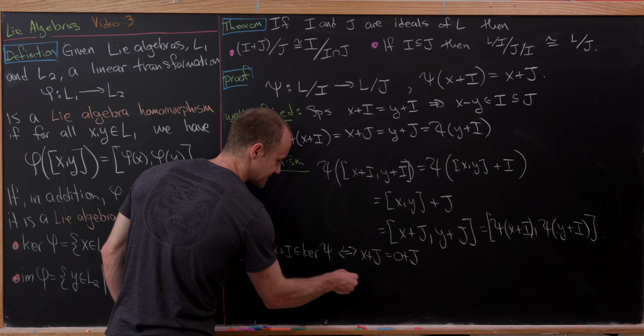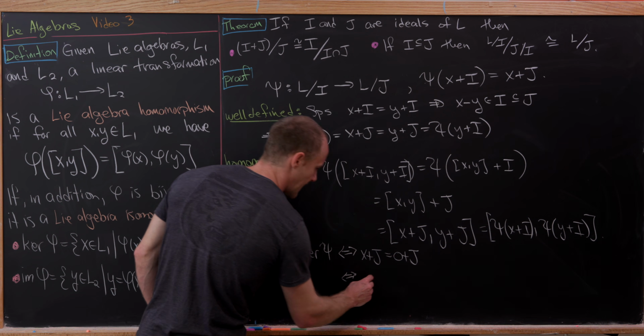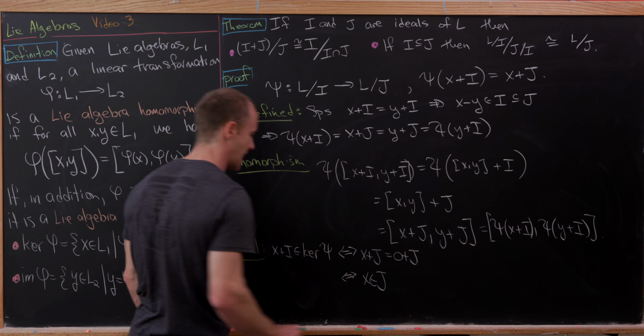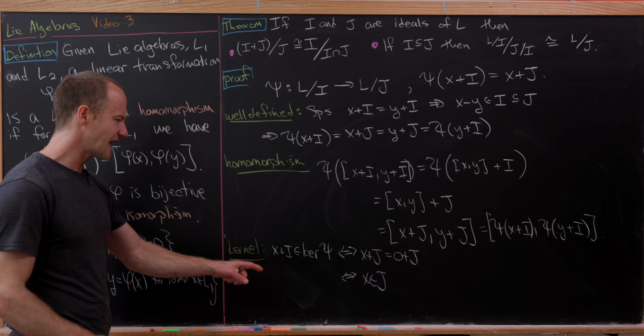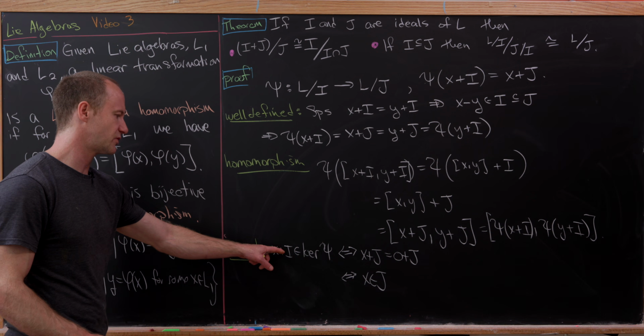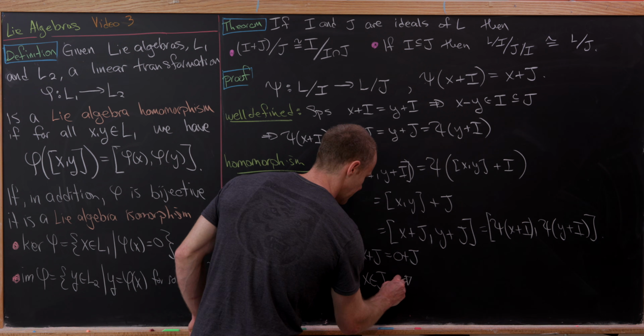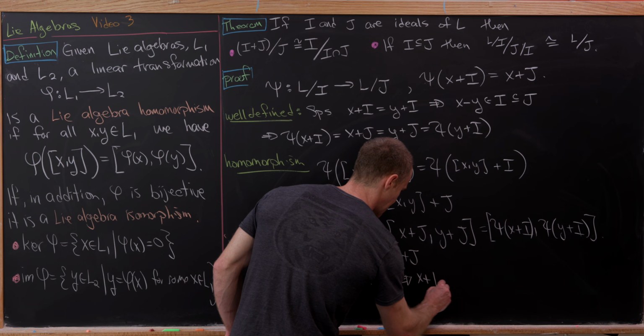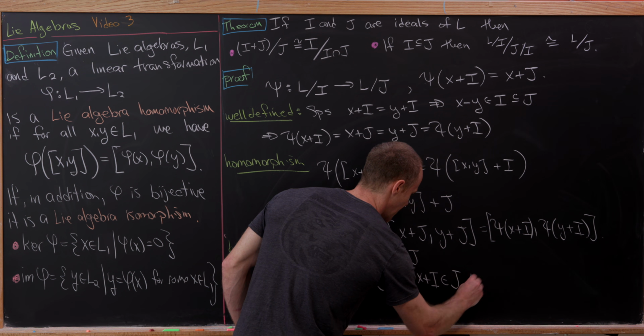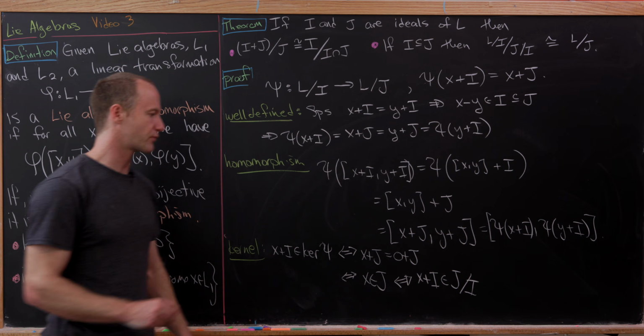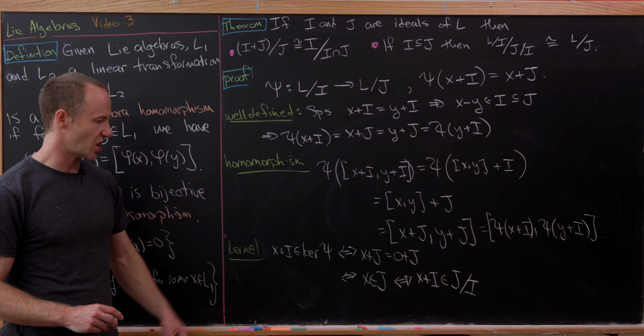But these two are the same if and only if x is inside of J. But now, if x is inside of J, then x plus I is inside of J mod I. So this is if and only if x plus I is inside of J mod I, because the representative there is inside of J.